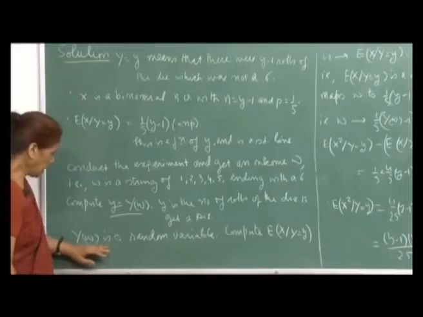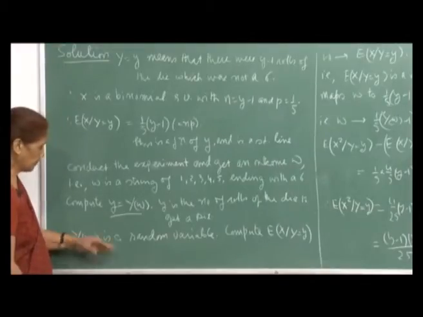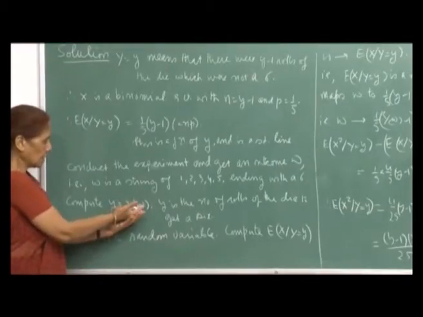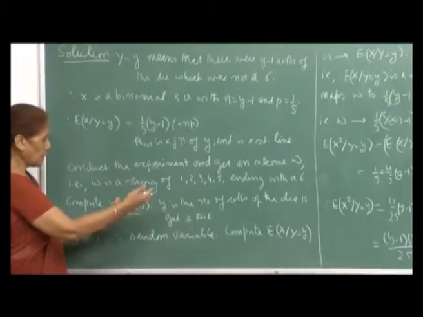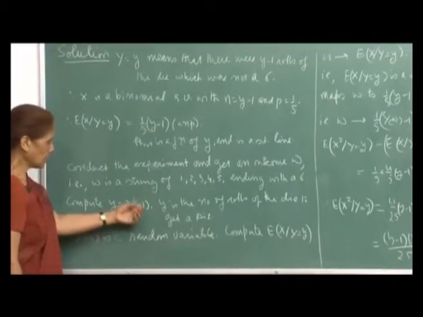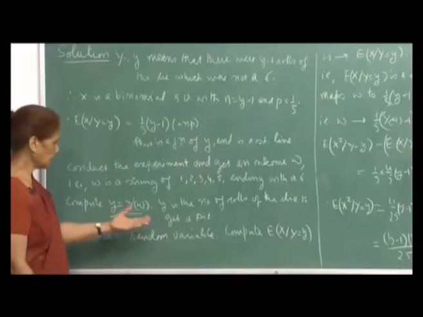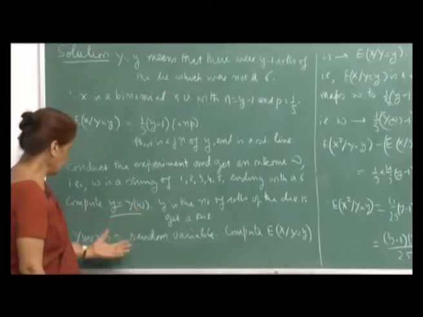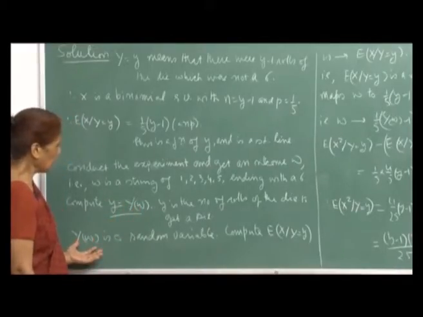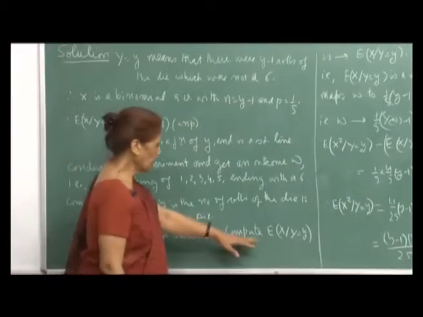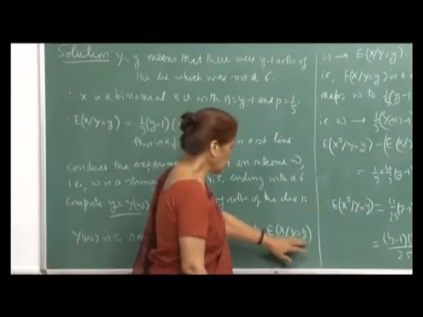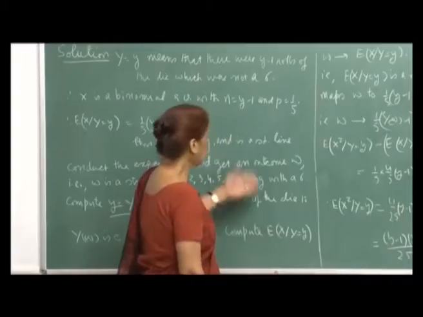Y of omega is surely a random variable, because when the 6 shows is not a certain event. There is a chance element here, and then you compute the expectation of x given Y equal to y, which we did right now.